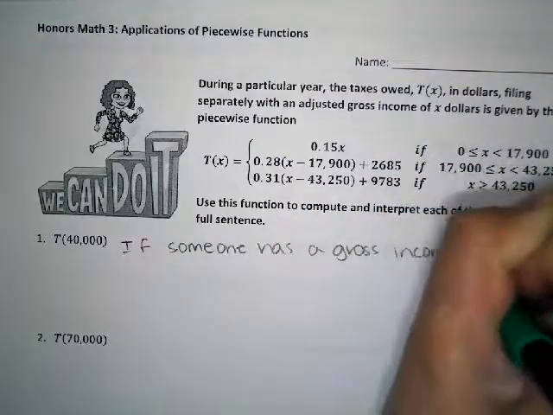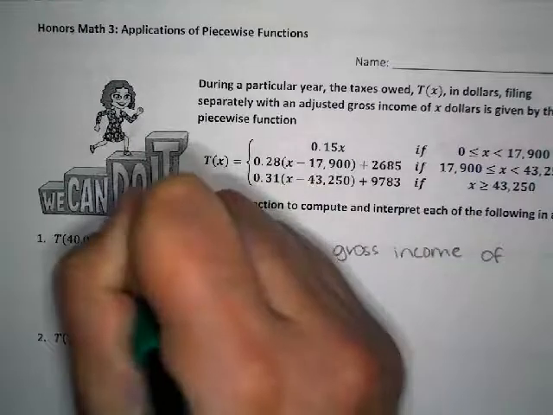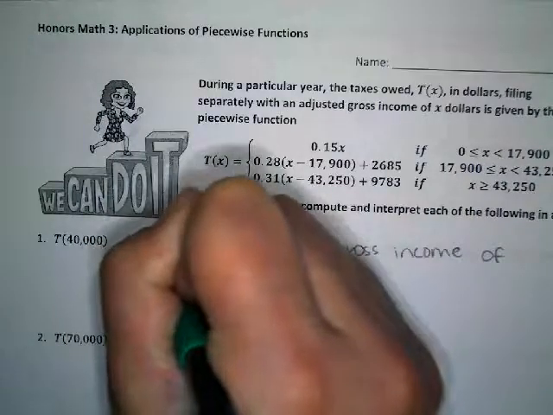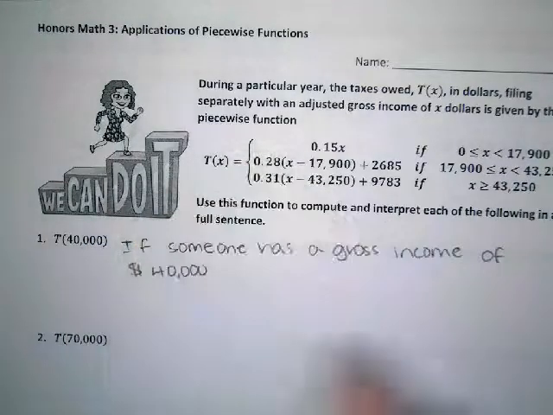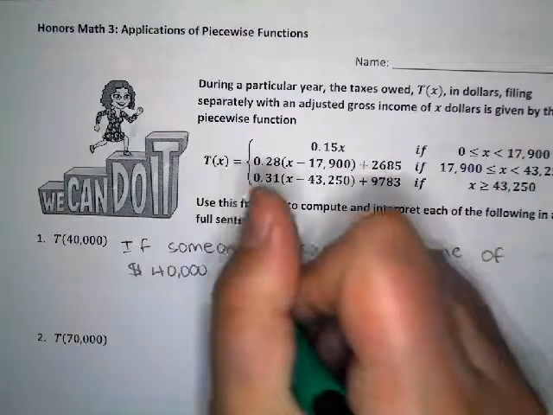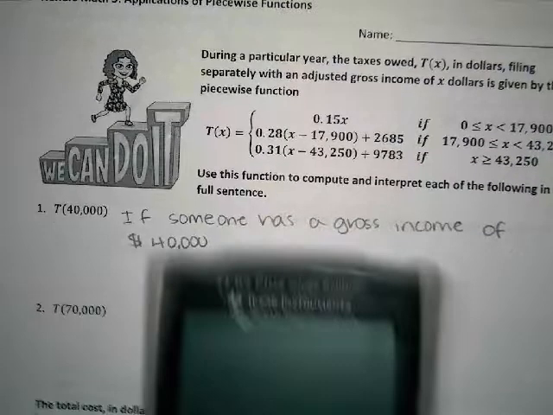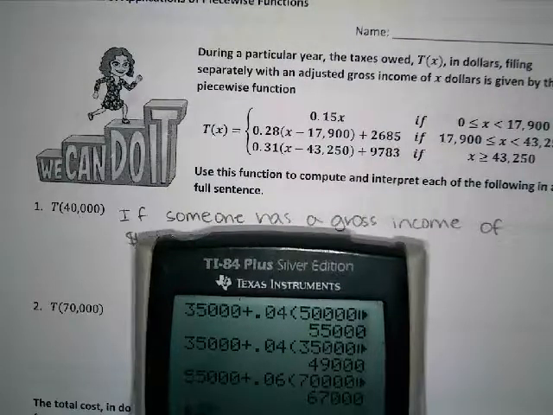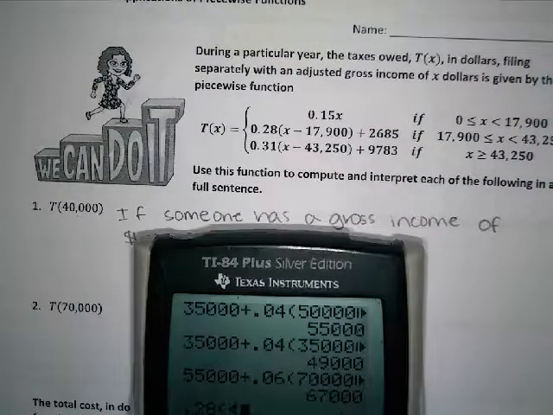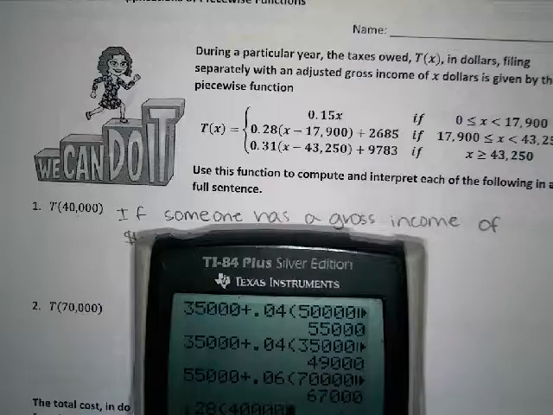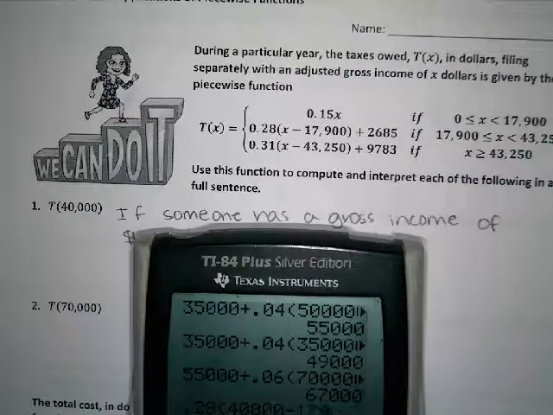So if someone has a gross income of $40,000, then if we want to figure out how many taxes they will pay, which one do we plug it into? The second one. Okay, let's go ahead and do that. So 0.28 times 40,000 minus 17,900 is 2685. And when you guys plug that in, what do you get?